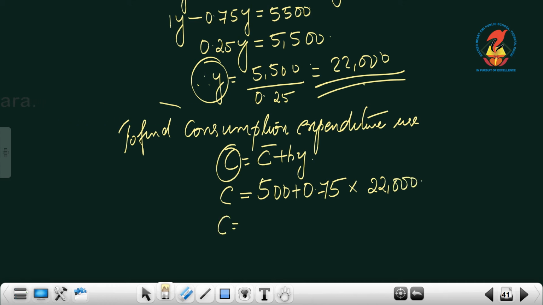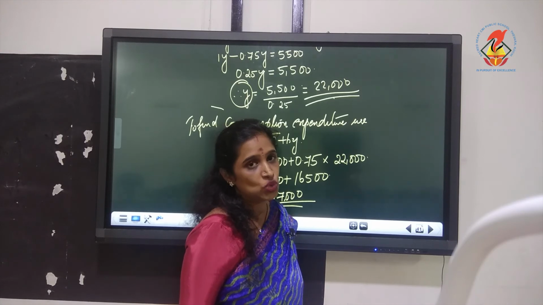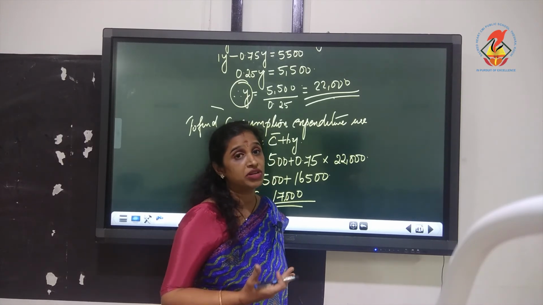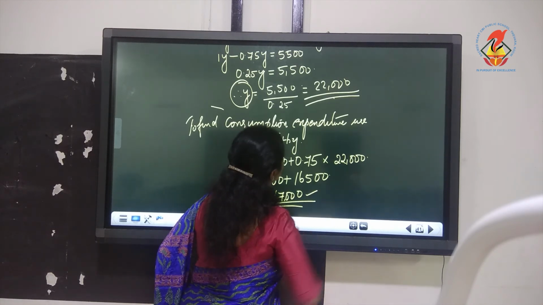Therefore it becomes 500 plus 0.75 into 22,000, which gives 16,500. So C is equal to 16,500 plus 500, which gives 17,500. So when the equilibrium level of income is 22,000, the consumption expenditure is 17,500.